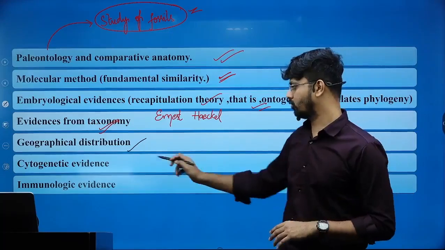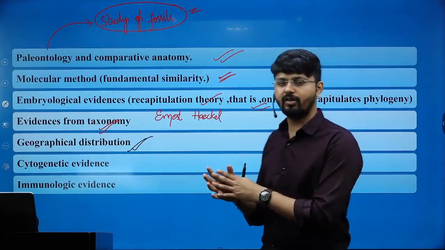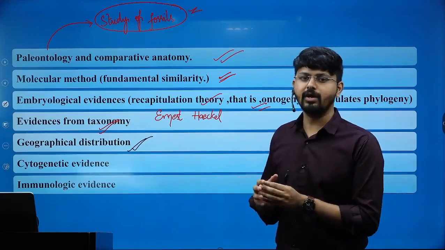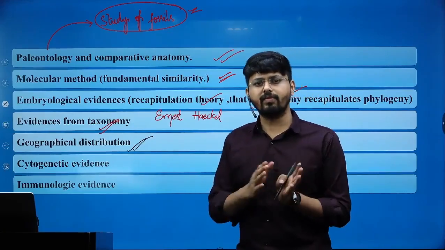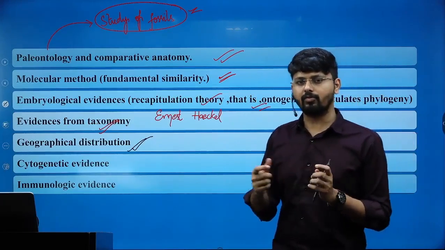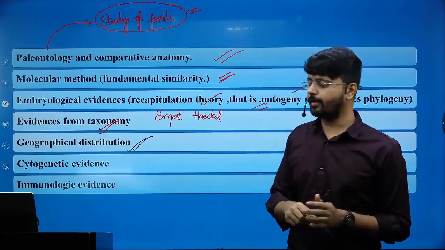Through that also you can understand how evolution is happening, because in one environment you have different kinds of forms, and in another environment you have different kinds of species. When there is a difference between the species living in different places, you can understand the reasons for its variation.